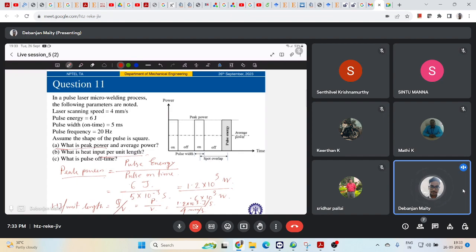If anyone has any confusion, tell me. Okay, can you please calculate? I am not getting my calculator. 1.2 by 4, so 0.3 into 10 cube joule per mm.